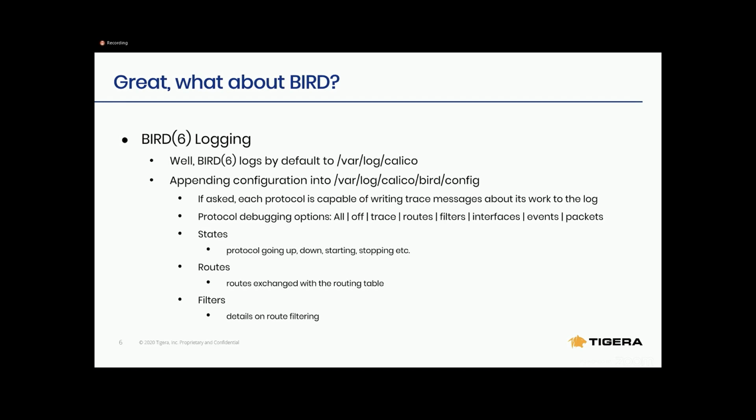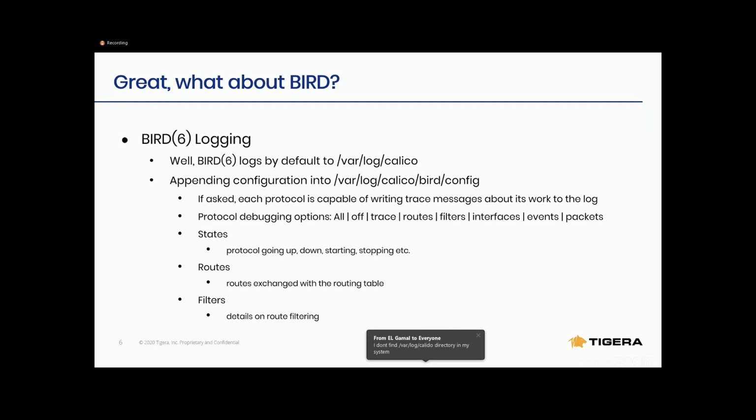Bird also logs by default to /var/log/calico. If you want to change any Bird configuration, you can just append configuration to /var/log/calico/bird. Bird has its own logging mechanisms built into it that are outside of Calico. But each protocol that Bird has, which is BGP, OSPF, or pretty much any other implementation, has different protocol debugging levels.